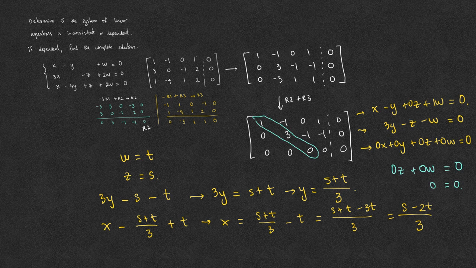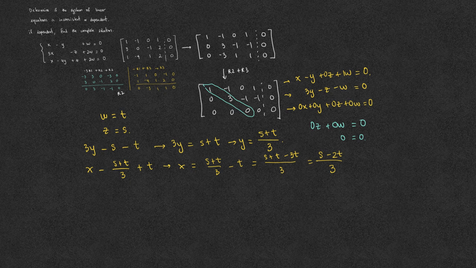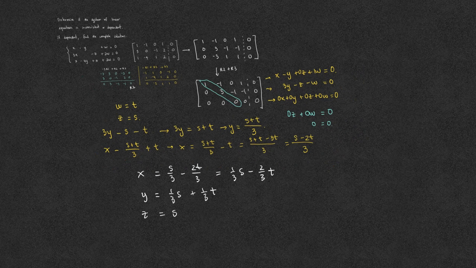We obtain a system that is dependent with two parameters s and t. The complete solution is x equals s over 3 minus 2t over 3, or simply 1/3 s minus 2/3 t. y equals 1 over 3 s plus 1 over 3 t. z equals s and w equals t.